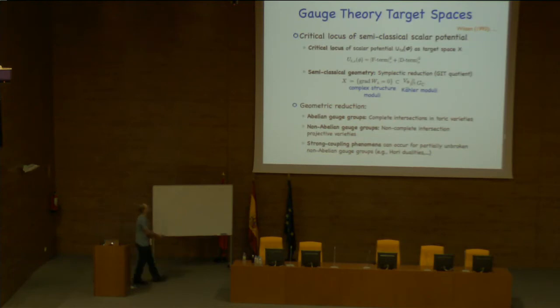What makes this interesting for me is that to these gauge theories we can also associate geometry, namely the target space geometry, and again semi-classically the scalar potential, or minimizing the scalar potential, tells you what kind of geometry you get. The kind of geometries you get are complete intersections, typically in symplectic reductions of these spaces, or more algebraically, GIT quotients, which we get from the corresponding complexified reductive groups.